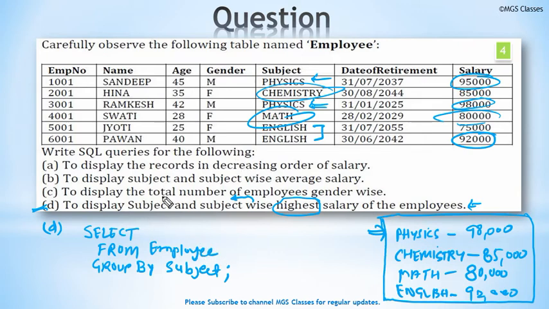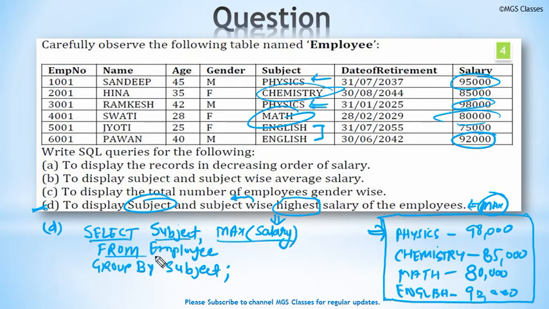And what do we select? Subject name, comma highest salary. To calculate the highest salary among the salaries, we use the max function, on the salary column. So the complete query will look like this: select subject, max(salary) from employee group by subject. This way you can answer this question.